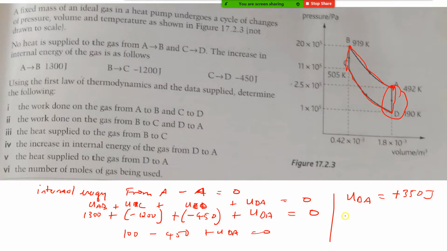So my internal energy from D to A is going to equal the heat supplied to the system. So Q at D to A is going to equal 350 joules.